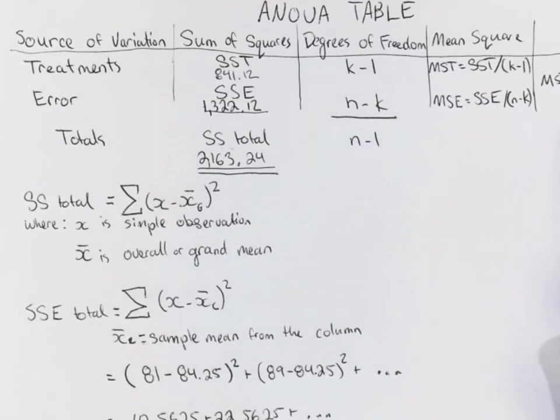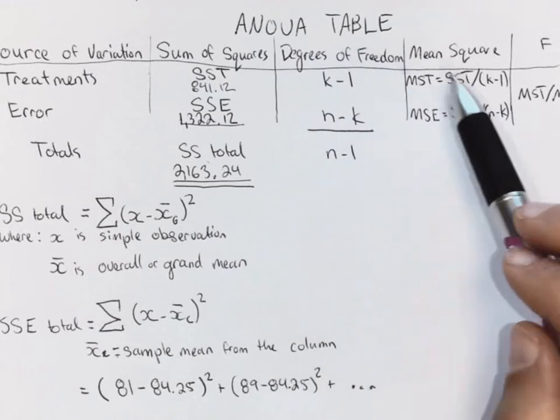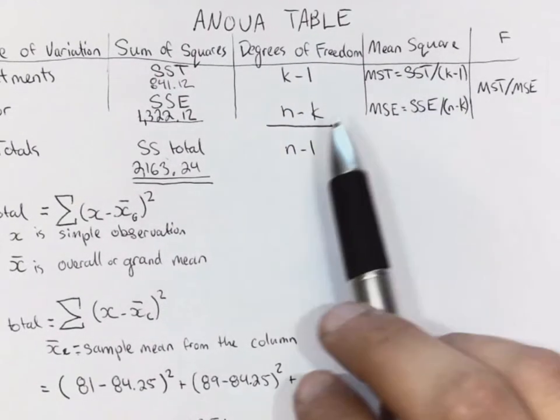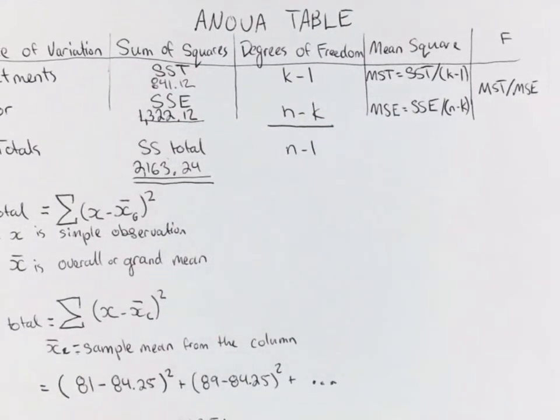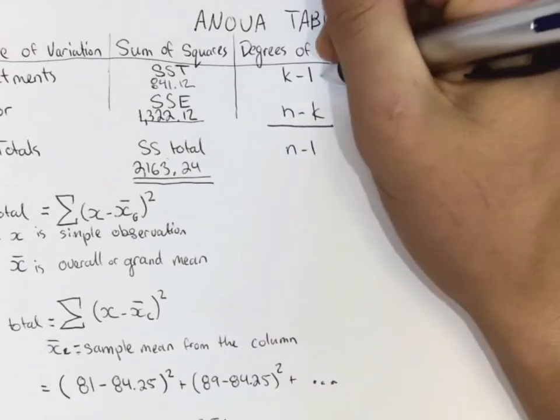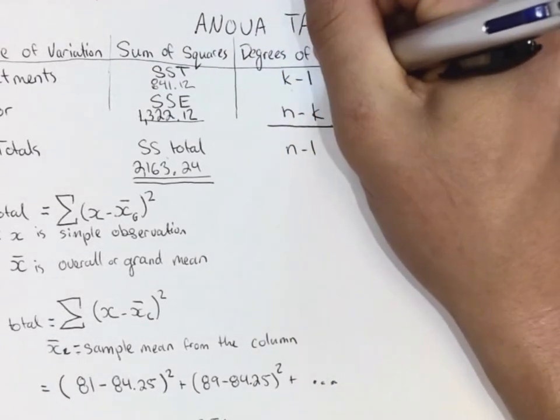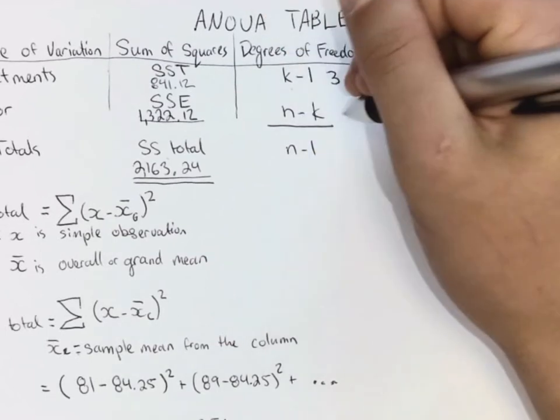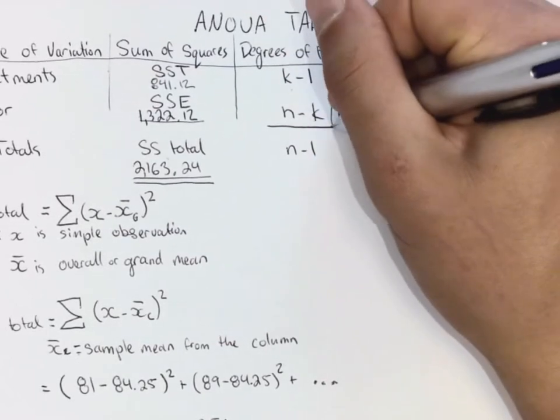So we can now use these to determine our F value. So we're going to continue along our table. We've already determined our degrees of freedom. So our K minus 1 is 3. Our N minus K is 17.